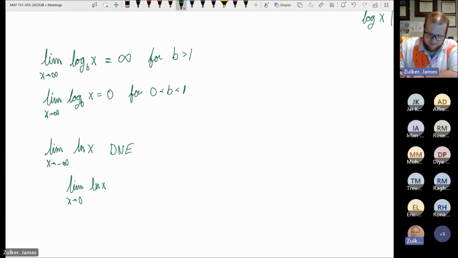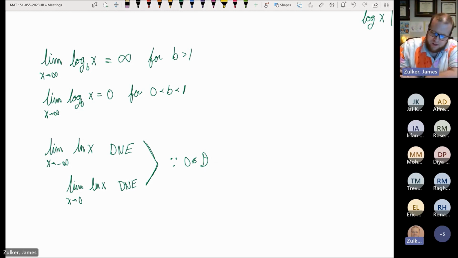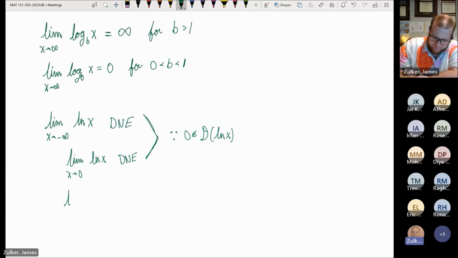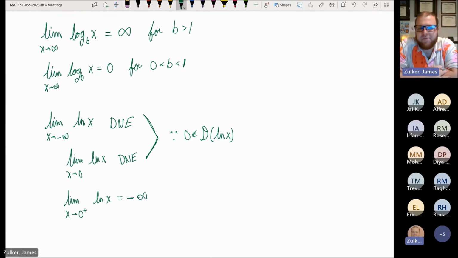This limit also does not exist. So even if we approach 0, the limit does not exist. And this is because zero is not in the domain. I'm going to write it this way. Domain of natural log of x. However, if we look at the right-handed limit at 0, we get negative infinity.